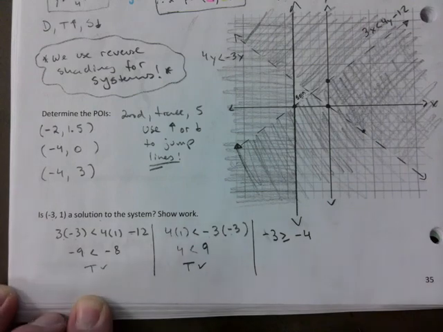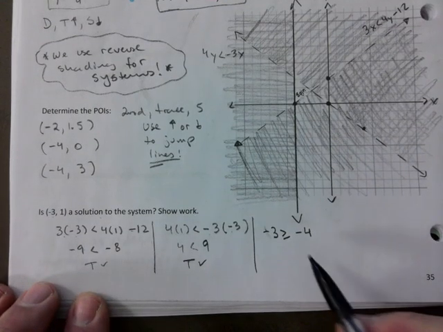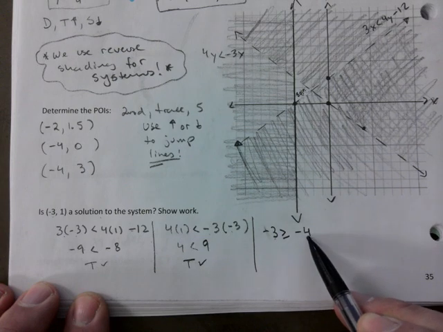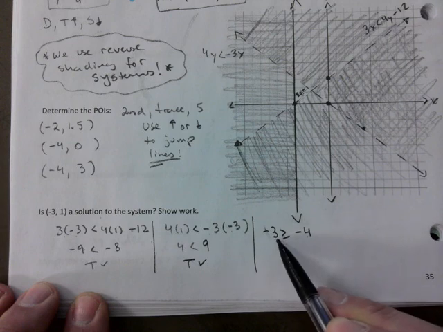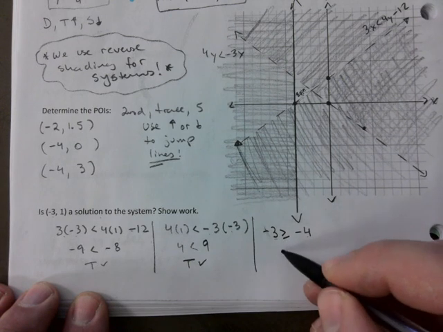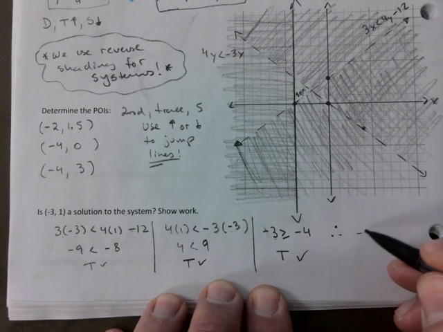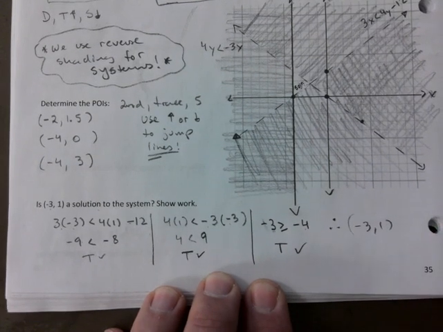Is this statement true? It's greater than negative 4, so yes, it's true. It could have been negative 4 as well. That would have made it true as well, but this is also true. Therefore, negative 3, 1 is a solution.